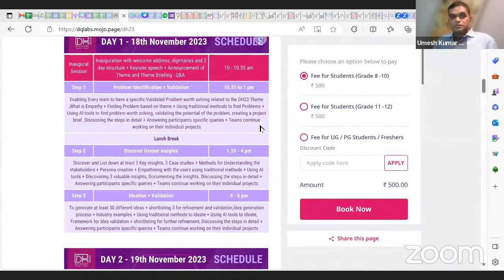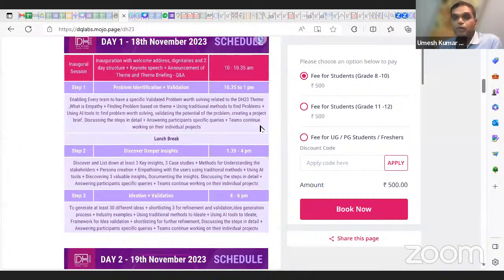Okay. So each of the steps will start with a macro education slot in which we will give you an overview of that particular step with real life examples of how that problem statement was identified, and so on. That is followed by using certain tools and techniques to accomplish that particular activity.